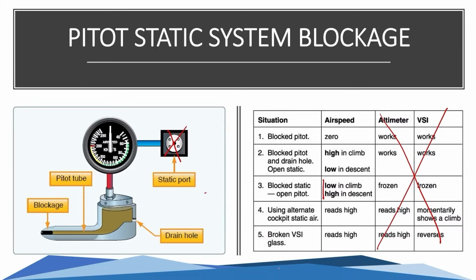So if you're stuck in a cloud and it came to it and your alternate static wasn't working or anything else, you could actually crack the face of the vertical speed indicator. Keep in mind, it's glass, so you're probably going to need a tough flashlight or something. And then it will draw the static air in through the VSI.